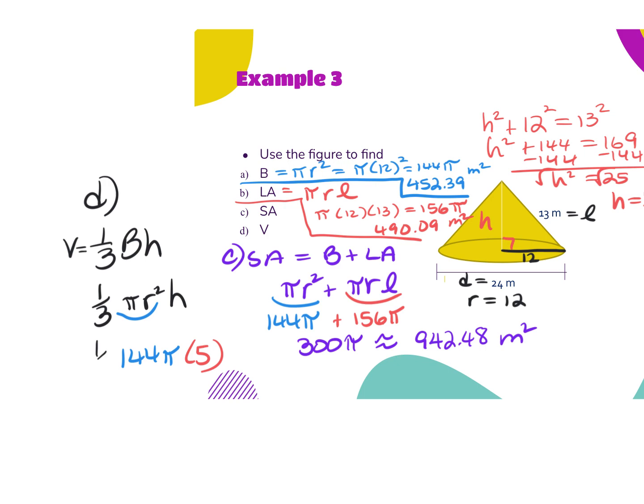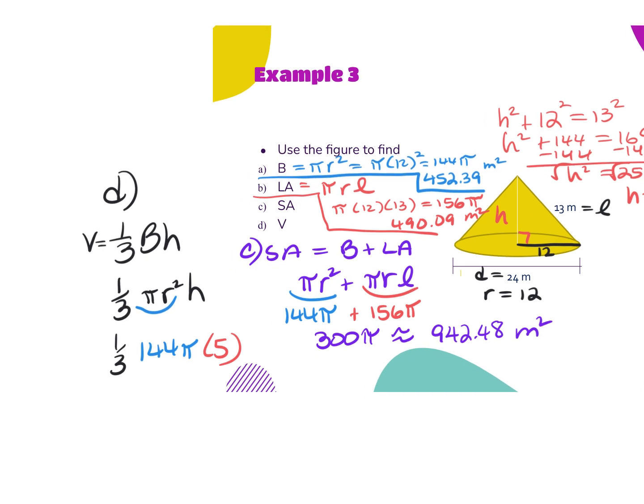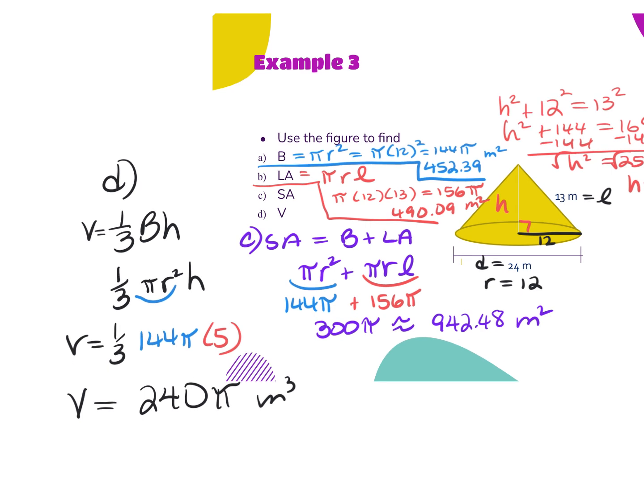And then the 1/3 is here as well. So once I multiply this, 1/3 times 144 times 5 gives me a total volume of 240 pi. And this would be meters cubed. But using your pi button, this would approximately be 753.98, and again, meters cubed.